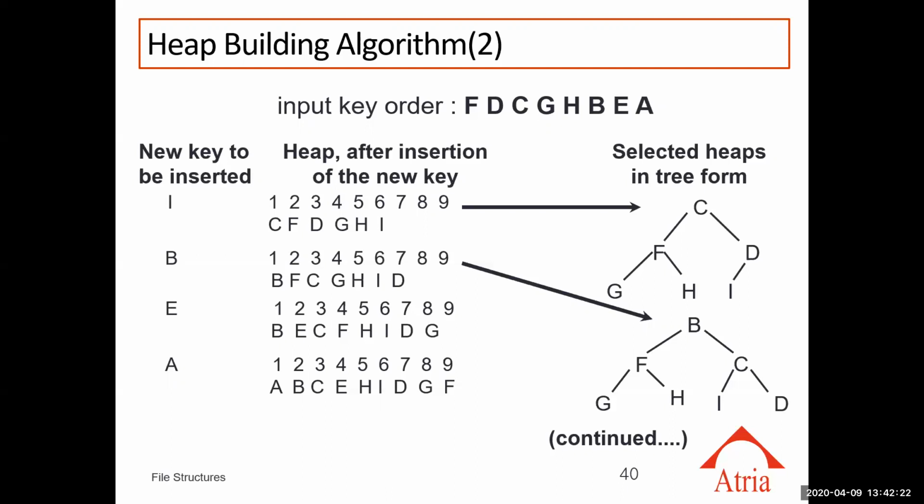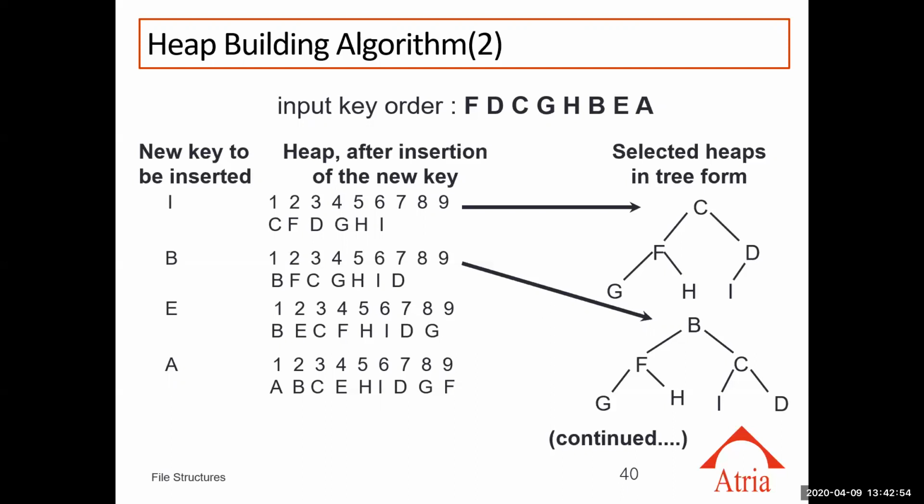So for that purpose, first we have to place b in the first place. For that, we have to change c to the next available sorted place, that will be the third place. Where in the third place we had d, that will be shifted to the last memory location, the seventh place. So next element we have to add is e. e is greater than b and smaller than f.